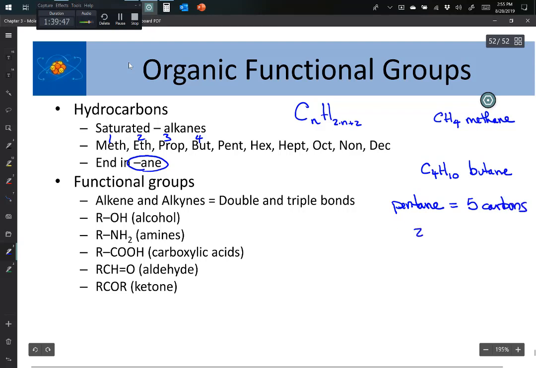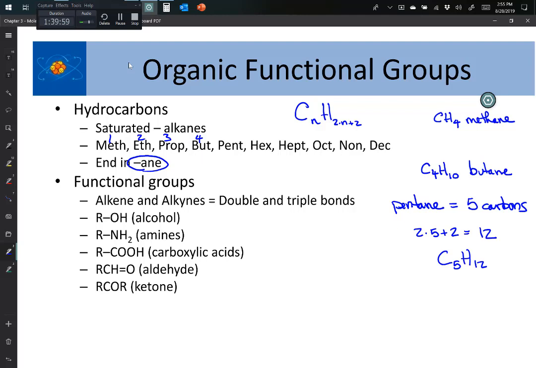So 2 times 5 plus 2 is 12. So pentane's formula is C5H12. Okay? When we do Lewis structures, why it's that way becomes a lot more clear. But for now, it's just a formula.